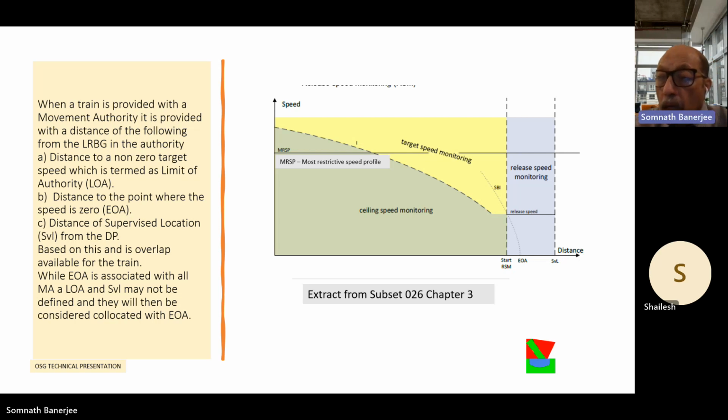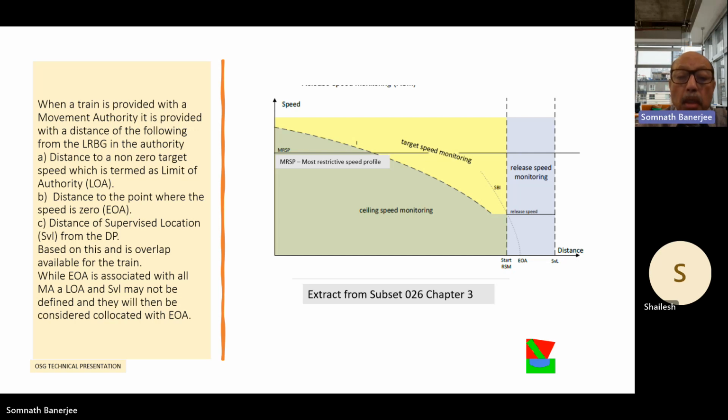So you can have a point up to which the train will move at a low speed, low enough to control the train thereafter and bring it to a stop.